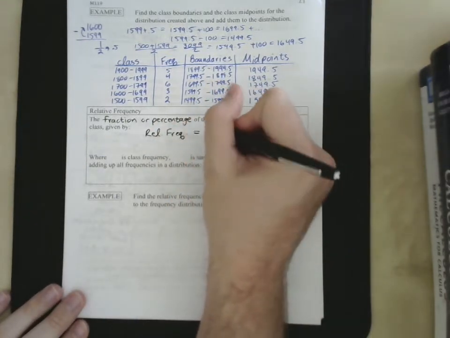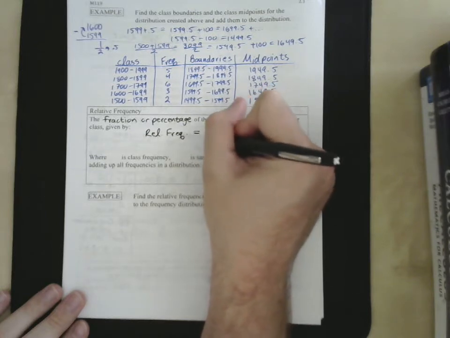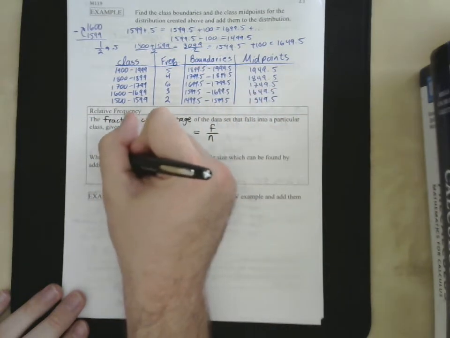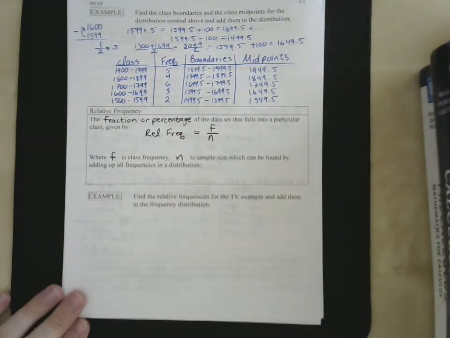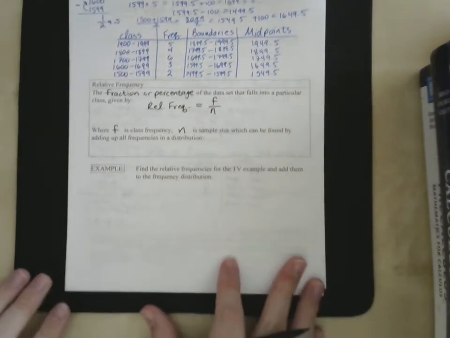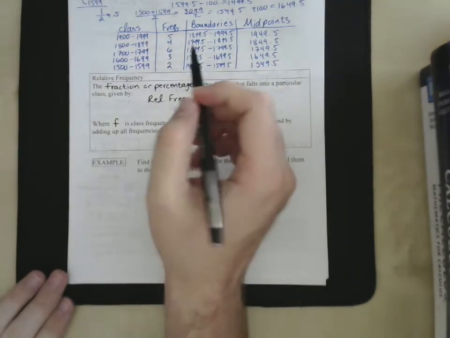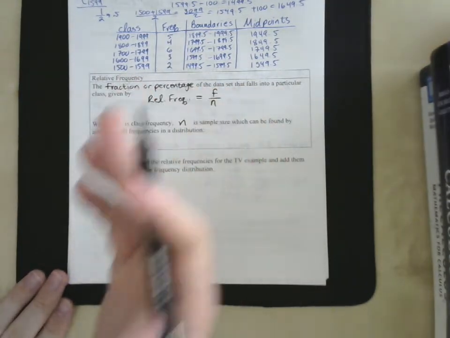This is our frequency f over n, where f is frequency and n is sample size, which can be found by adding up all of your frequencies in your distribution. So our sample size here, if you add these up, is 20.